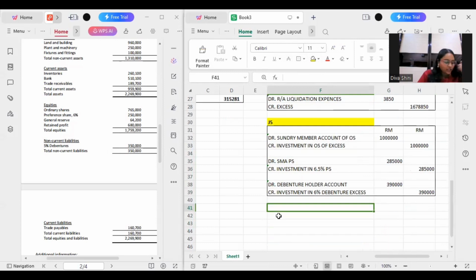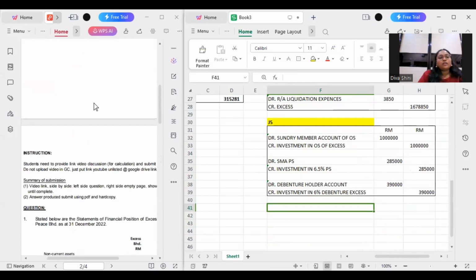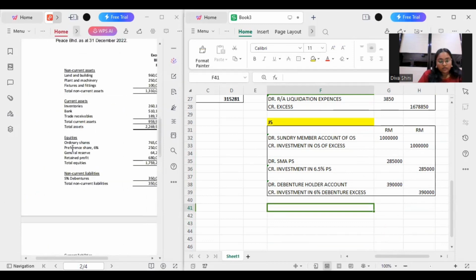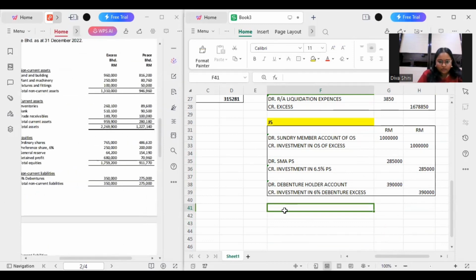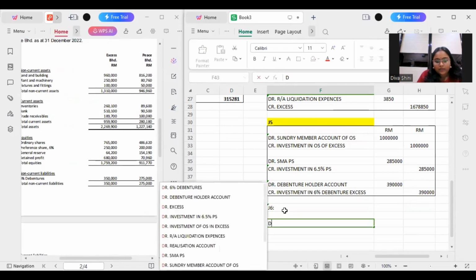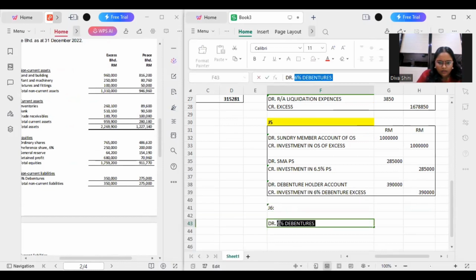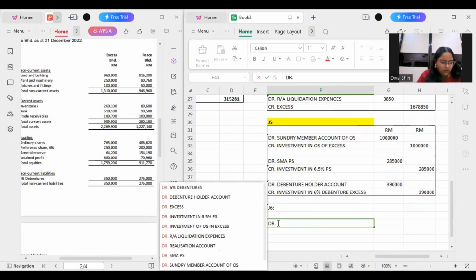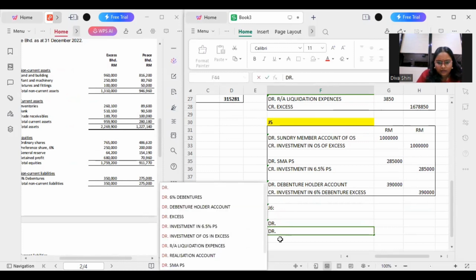And continue with journal 6, which is zeroize the bank amount in Sophie. So we need to zeroize all the amount in bank in Sophie. Now journal 6, there will be debit and credit.